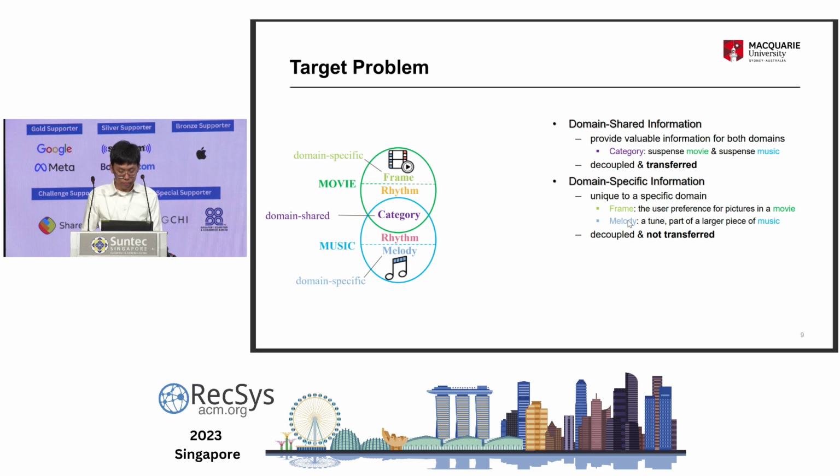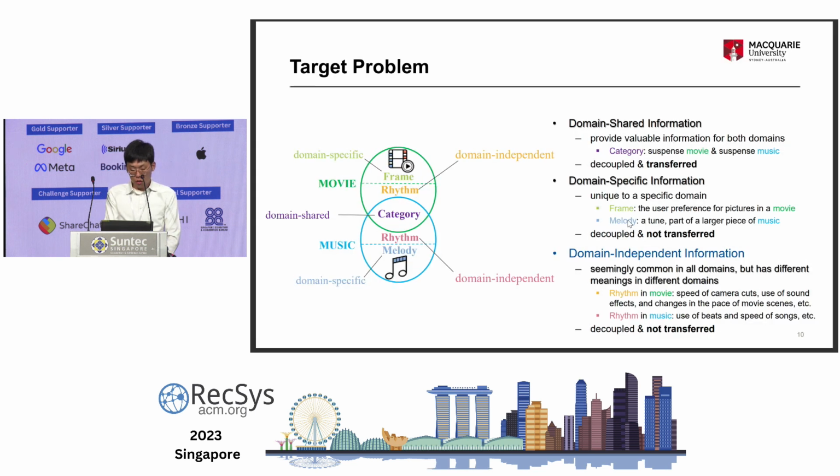In addition to these two kinds of information, we believe that there should be one more, called domain-independent information. For example, rhythm in the movie domain means the speed of camera cuts, the use of sound effects, and the changes in the pace of movie scenes, while rhythm in the music domain means the use of beats, the speed of sound, and so on.